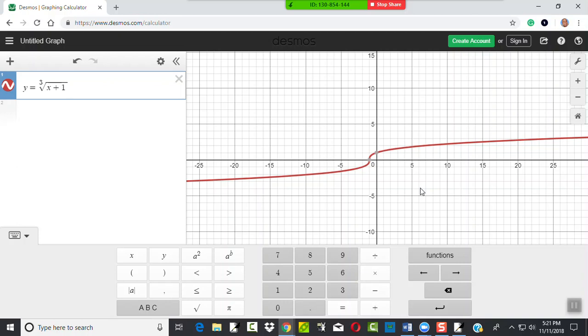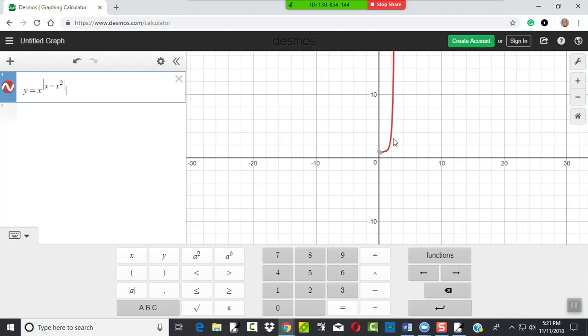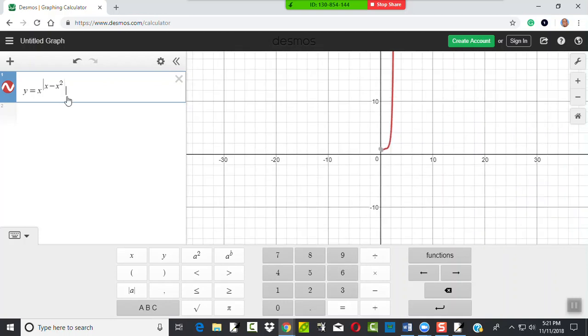Now you can have the most bizarre looking equation here, and Desmos gives that to you. If I had x to the power of the absolute value of x minus x squared, that's what the graph would look like.